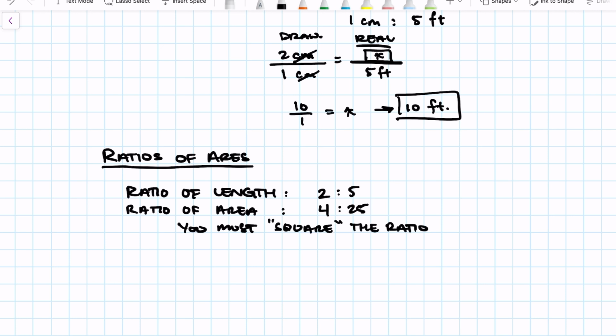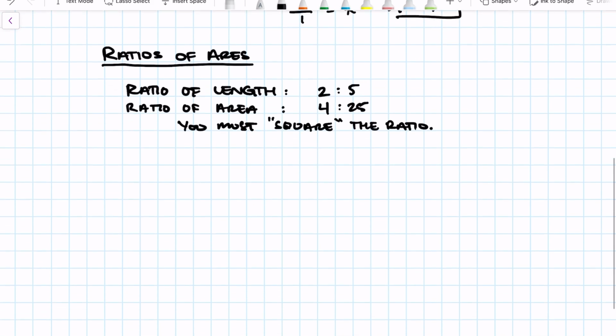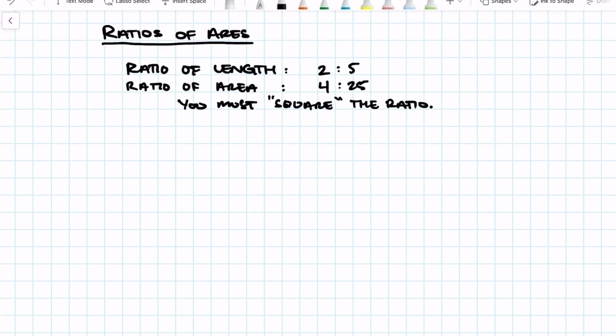Okay, so this will allow you to find out what the proper size is, what the proper dimensions are of an object. So let's say, for example, you have a ratio that is 1 centimeter, and for every 1 centimeter in a line, then it will be, let's say, 4 meters, right?